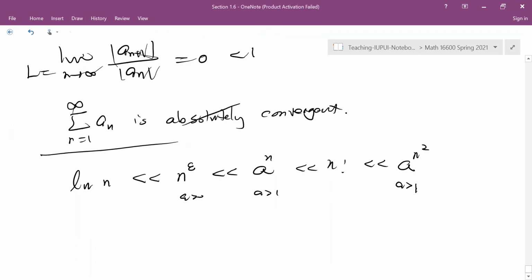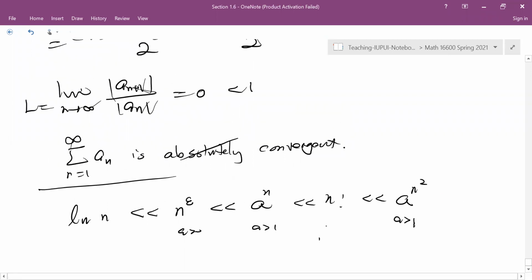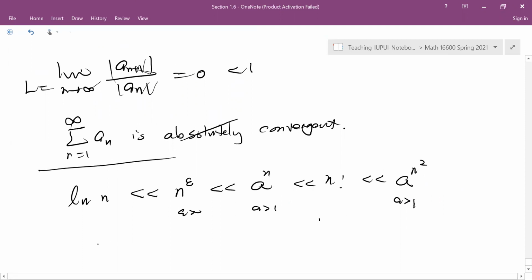So that guarantees that n factorial over 2 to the n squared is convergent.